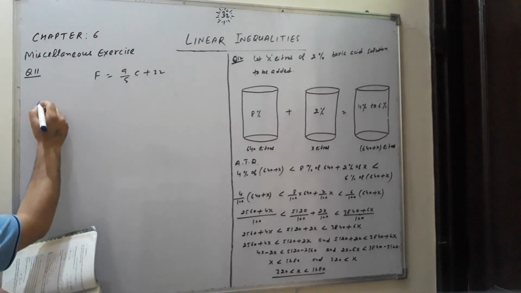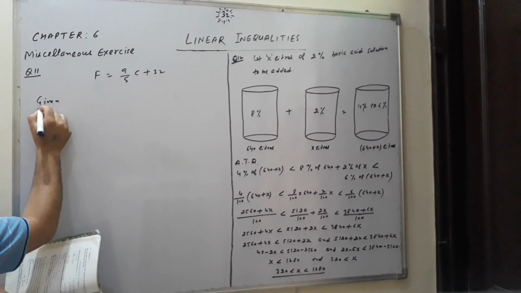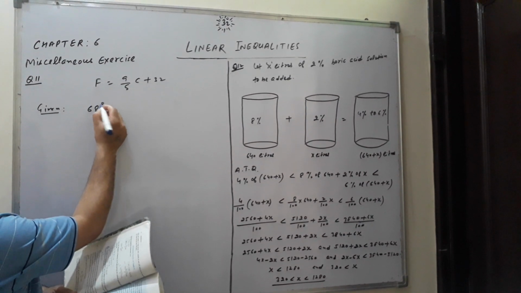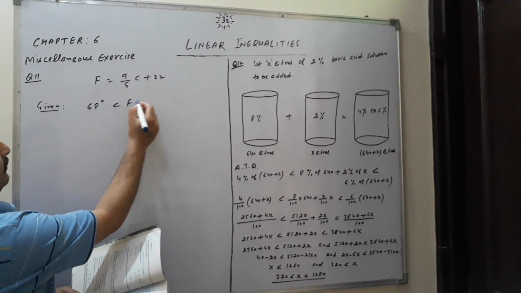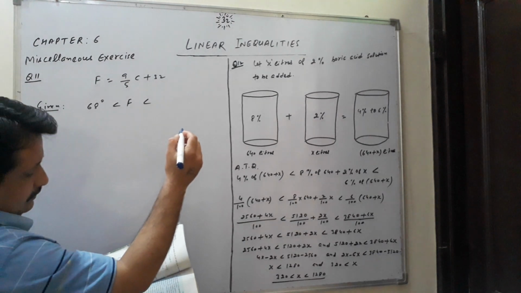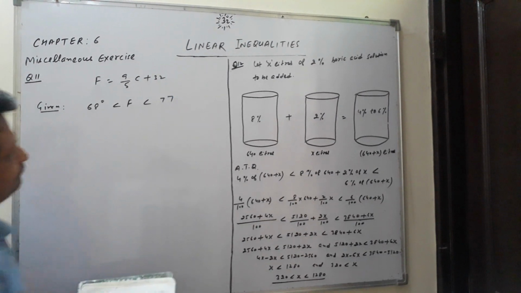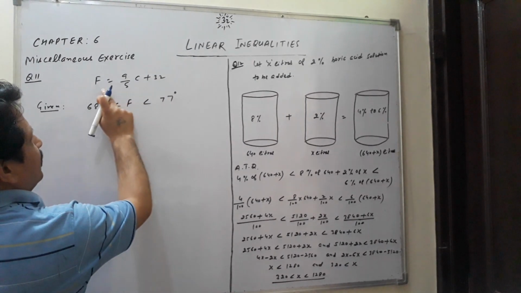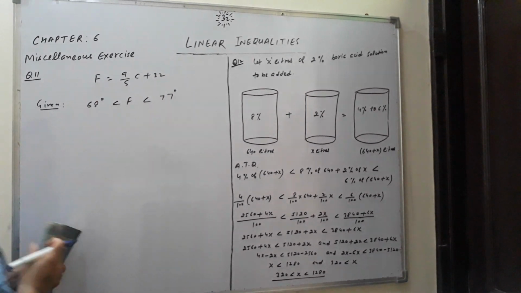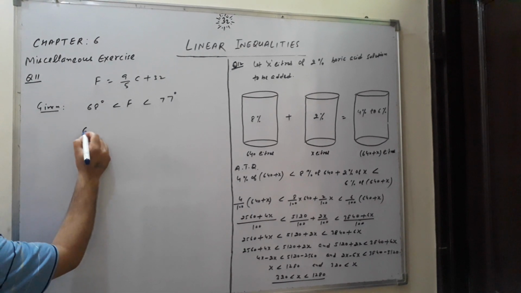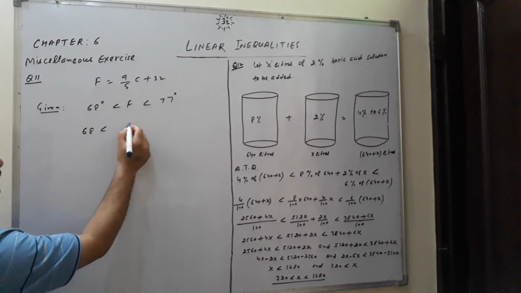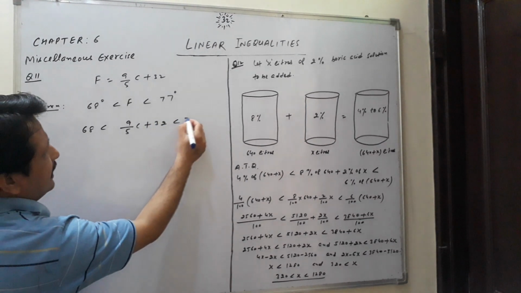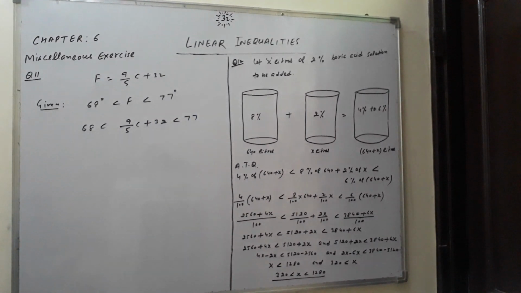Now students, the range is given to you: 68 < F < 77. Because we have the conversion formula, we will put this value, so it becomes 68 < 9/5 C + 32 < 77.